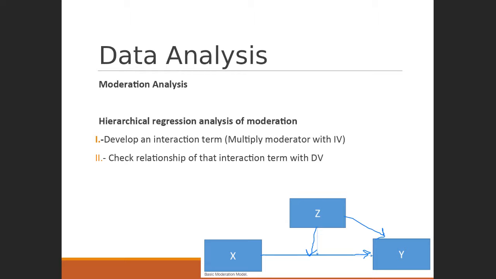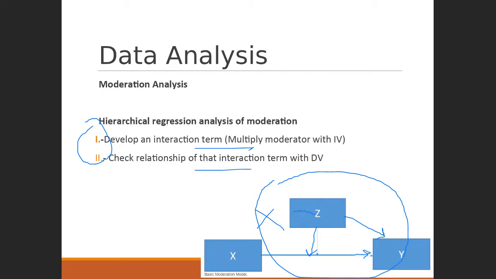I will not recommend these models, because in our hierarchical regression, we have already multiplied our IV with our moderating variable, and we check the interaction term with our DV. So you don't need to check this relationship separately. This relationship will already be checked during your moderation test.